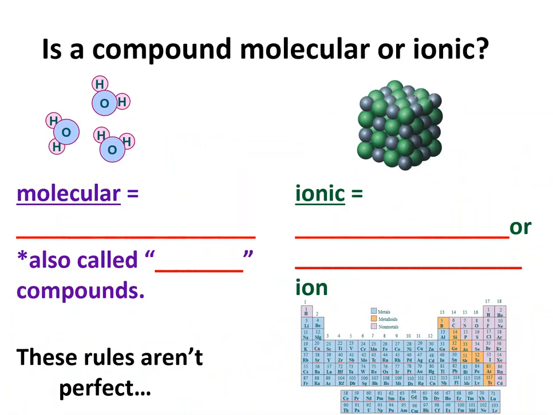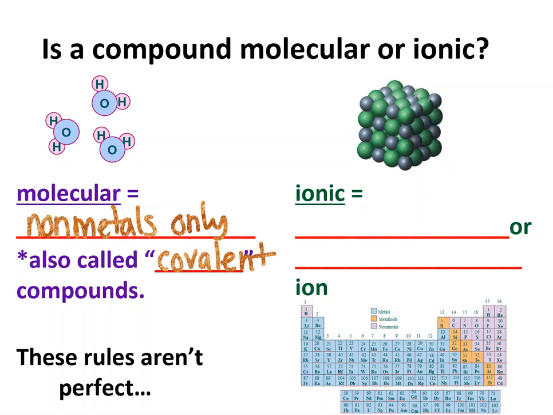So to name and write formulas, you have to know which type of compound you have. And you can tell that from the name or formula because a molecular compound has nonmetals only. We also call this type of compound covalent because they have covalent bonds.